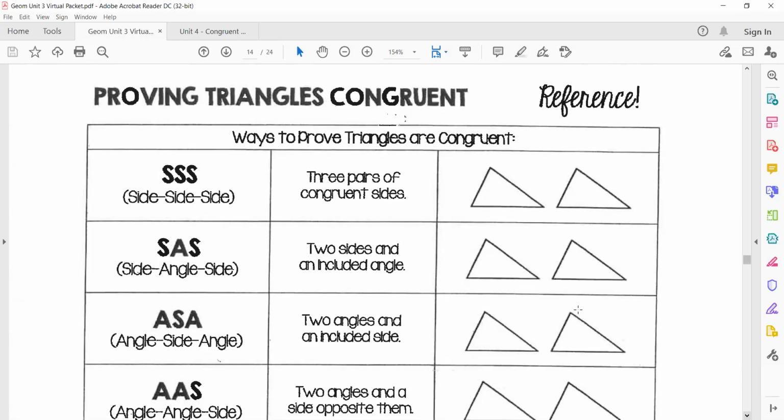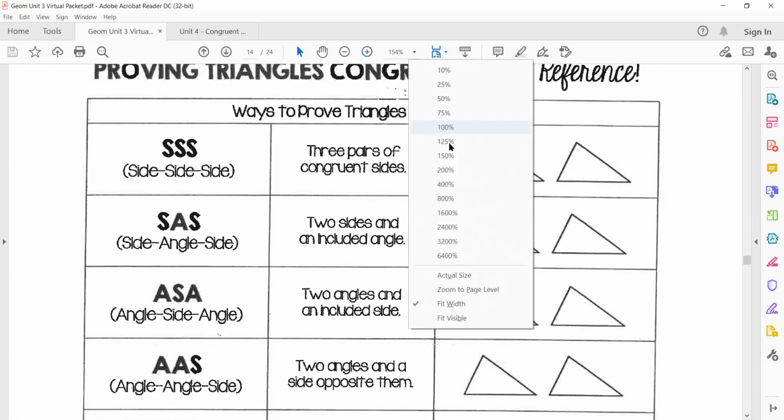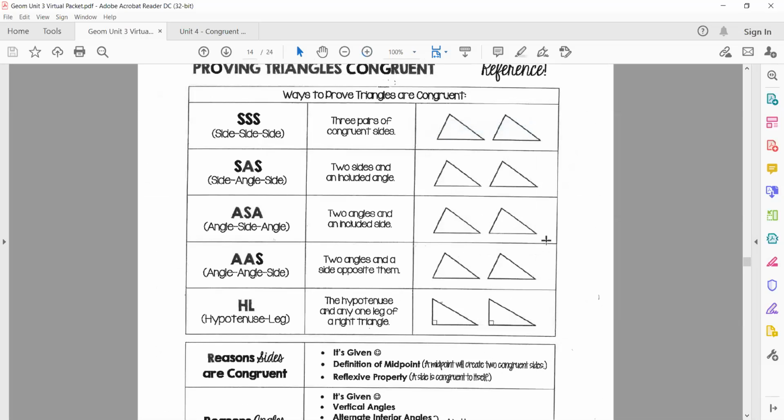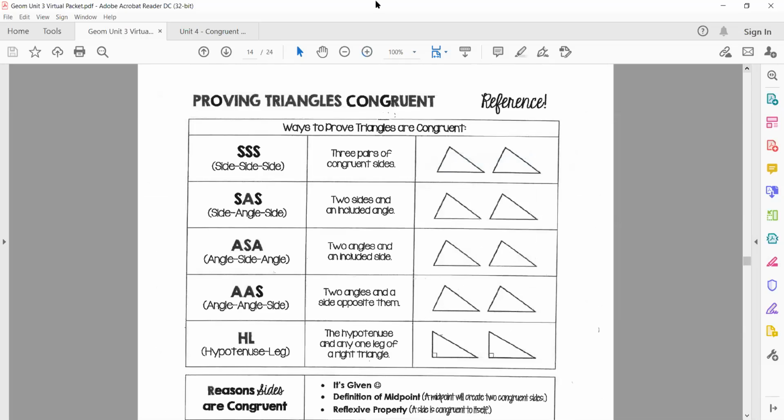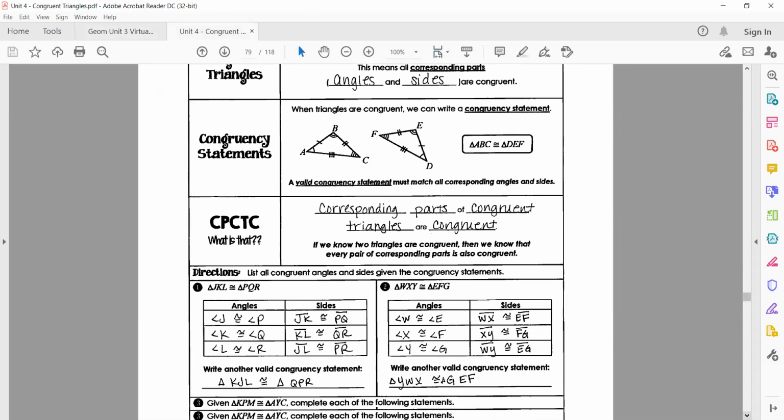Now, the next page here is a bunch of maybe new acronyms, maybe not. But these 5 things you must know. These are the ways that triangles are proven.